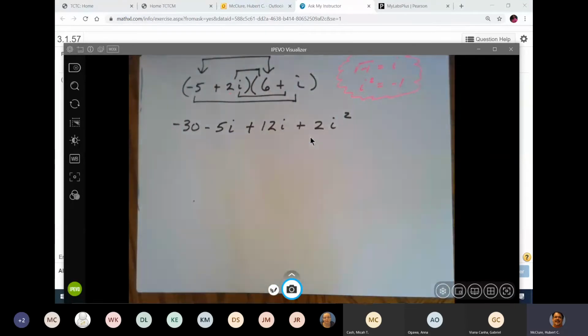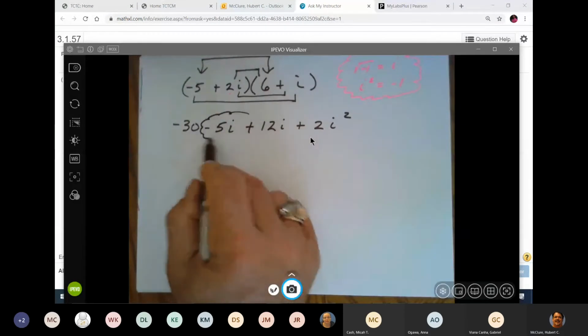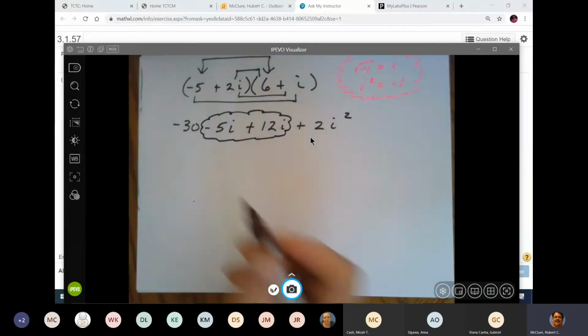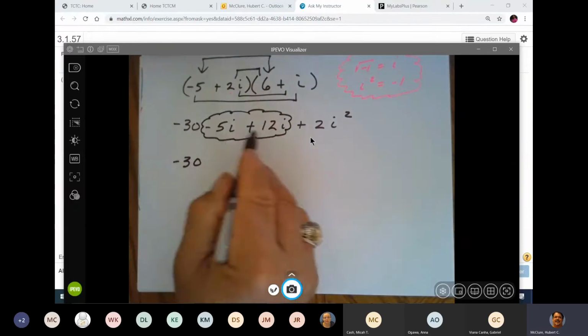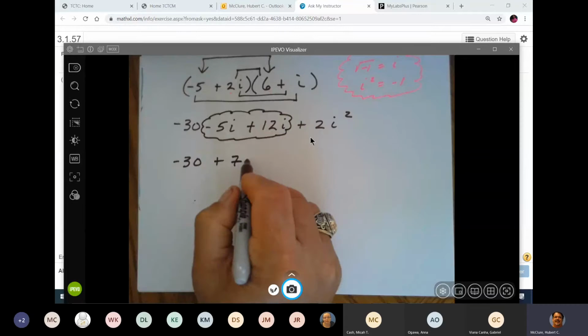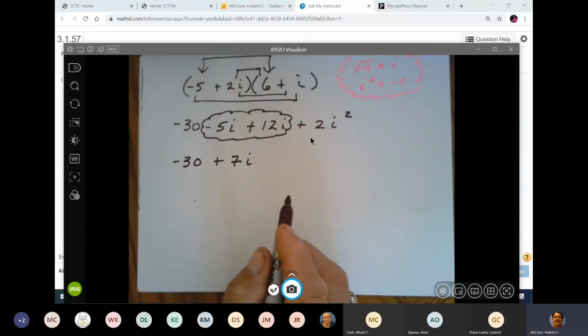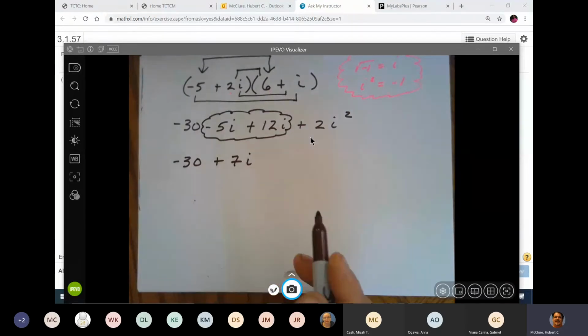All right, now combine like terms. And that gives you -30, plus 7, right? Positive 7. I cannot add 7 and 8. I try my best, but I think that's 7, but somebody check me.